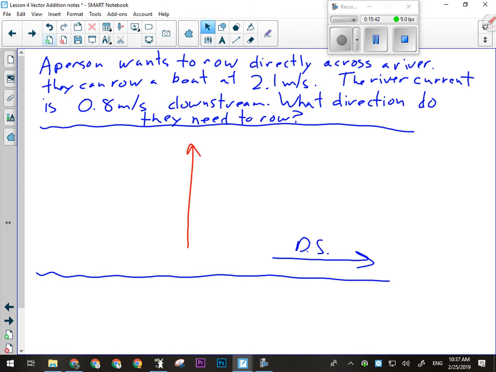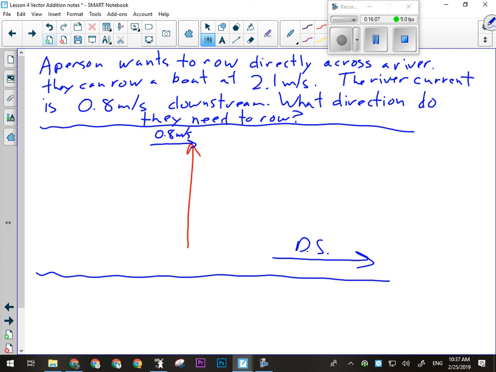The two vectors that will add up to that are the river current, which is small, 0.8 meters per second downstream. Now why did I draw it there? Well, I drew it because it's supposed to point downstream, but I also drew it because I want it to be part of the resultant.